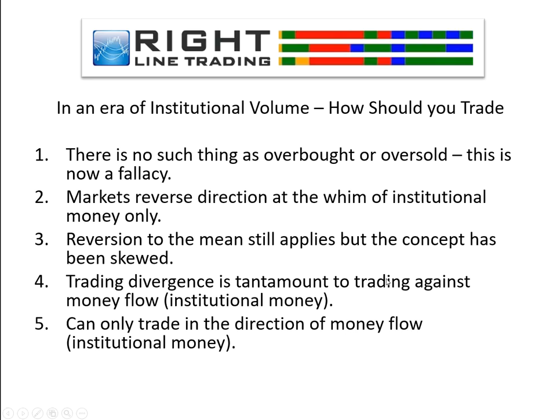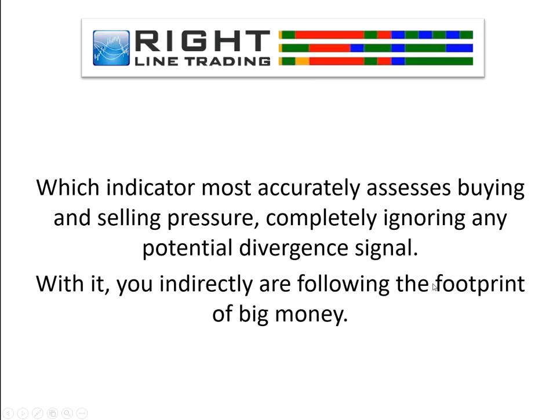And trading divergence is now tantamount to trading against institutional money or money flow. We can only trade in the direction of money flow. We can only trade in the direction of order flow, which is one part of the footprint of big money, and the other is momentum.